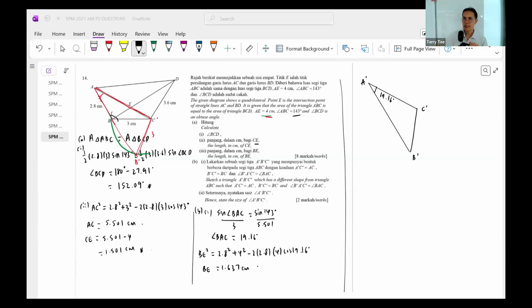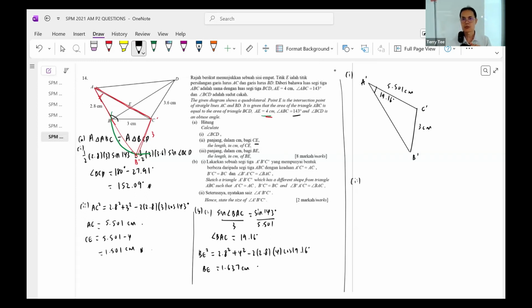Flip it outside. This length remains the same, 3 cm. Your AC, I don't need to label, I don't know the length. I do know this, what else I know? Yes, I know AC, 5.501. Okay, complete.